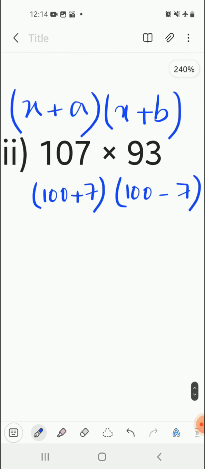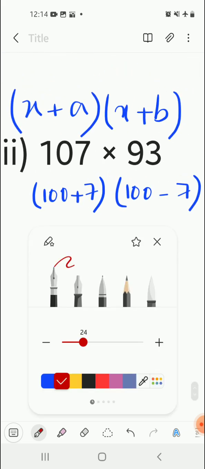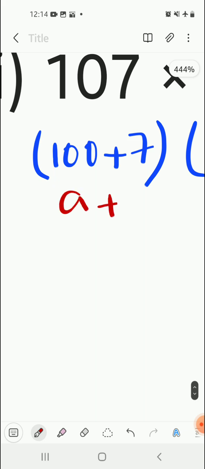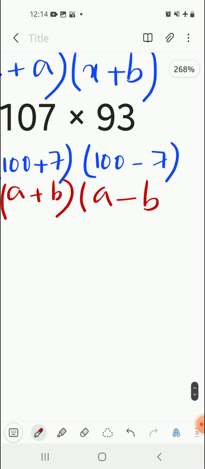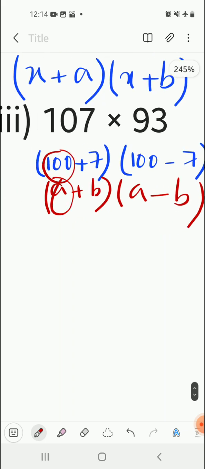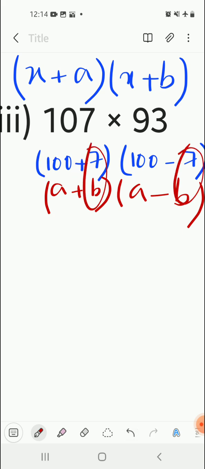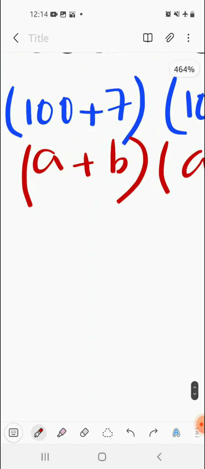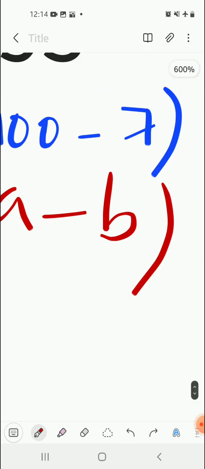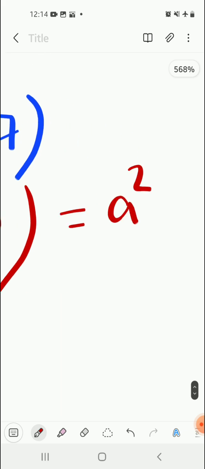But if we follow this also, the answer will be the same. It is basically an a plus b into a minus b, because you can see over here a is 100 in both the places, and b is 7 in both the places. So it is basically a square minus b square.